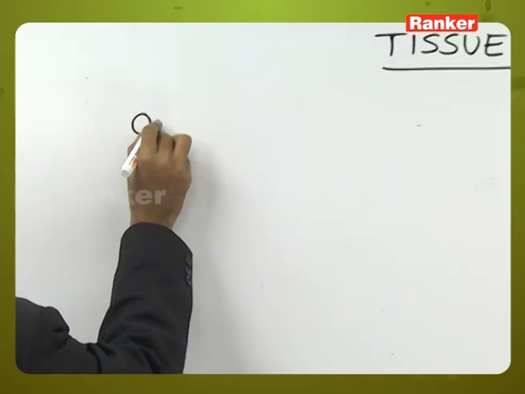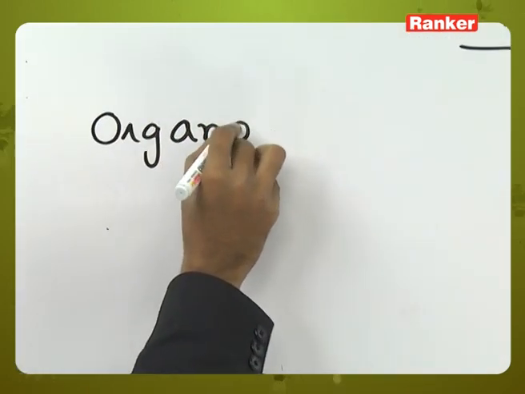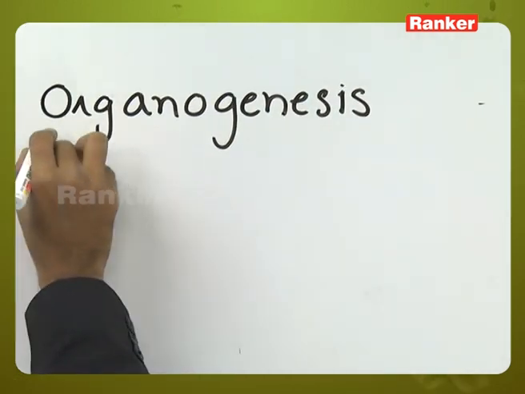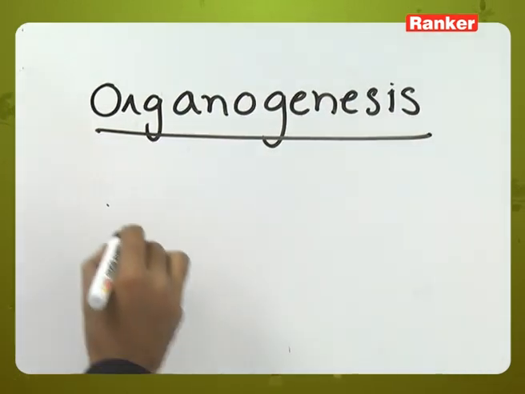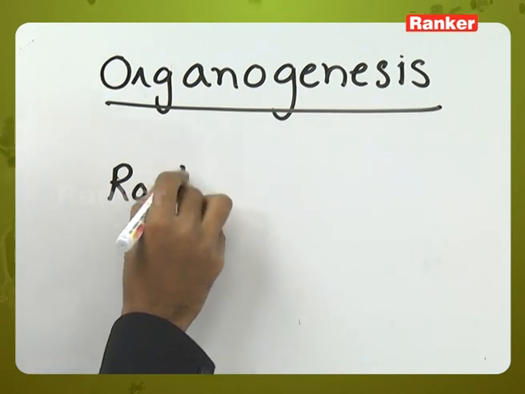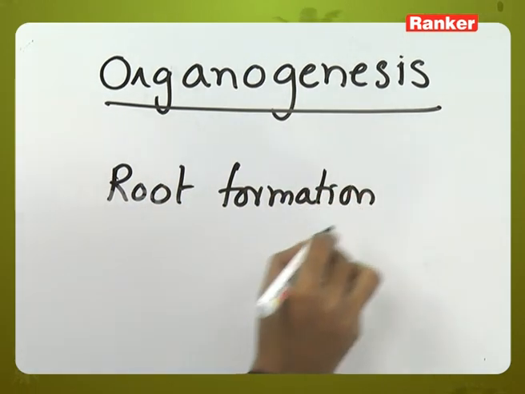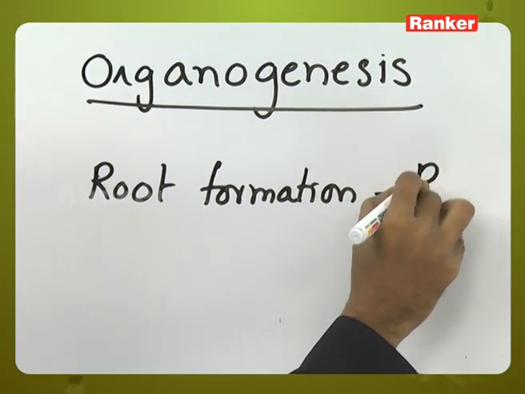And here in organogenesis, different organs are formed. Root formation is called rhizogenesis.